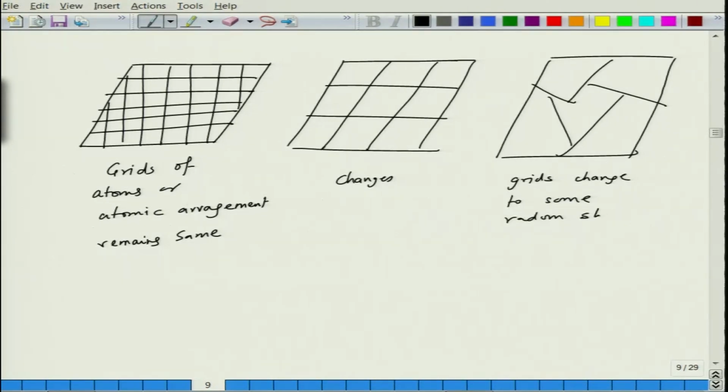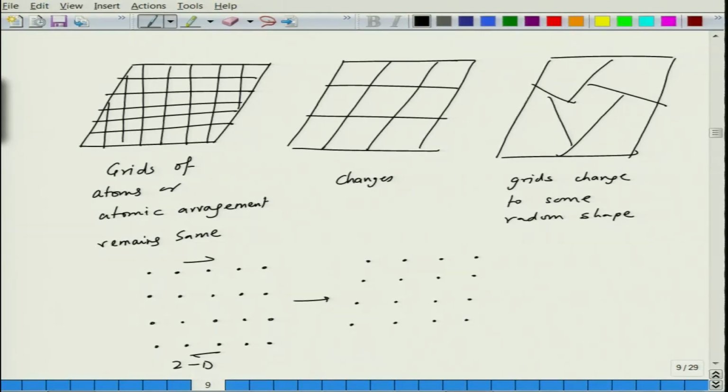because from our structures of materials course we have seen that atoms adopt a uniform structure like this. Let us say this is the 2-dimensional grid of atoms. When you apply stress to it, let us say you apply a shear stress. One way is it may become like this, so here we can see that we have changed the dimension.